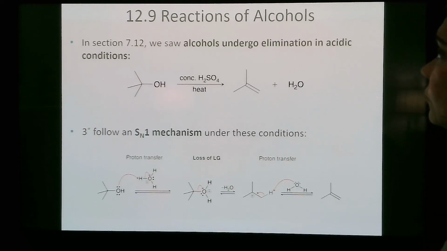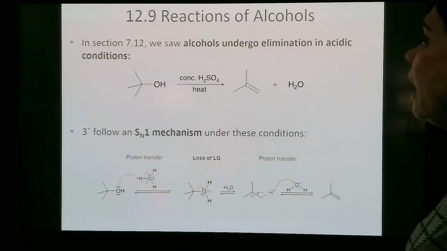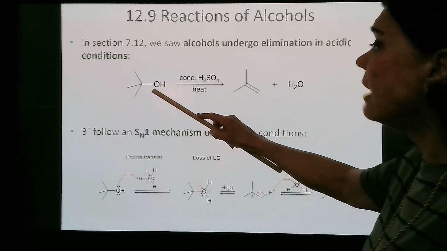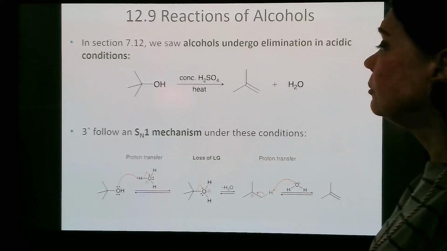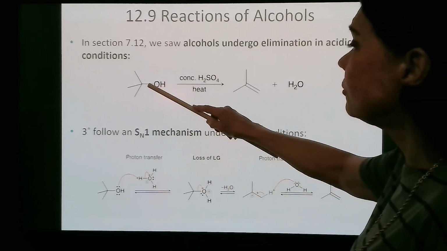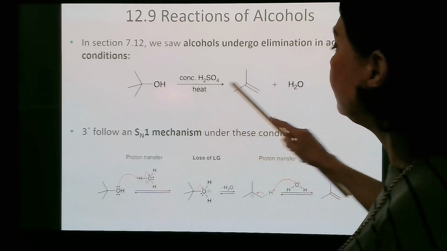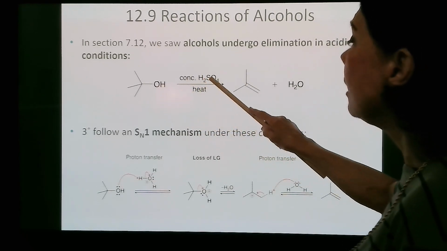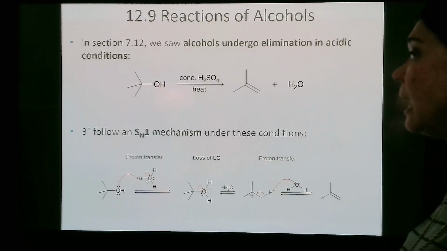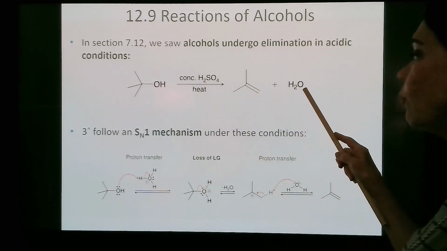More reactions of alcohols. So now you have elimination. You know that alcohols can do elimination to give you the alkene. If you use concentrated sulfuric acid and heat, you're simply driving off the water.